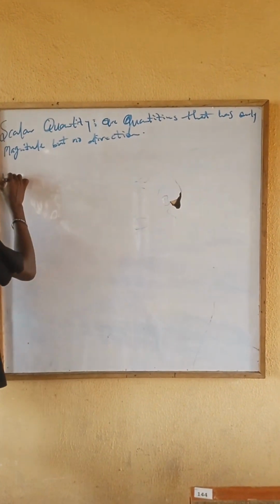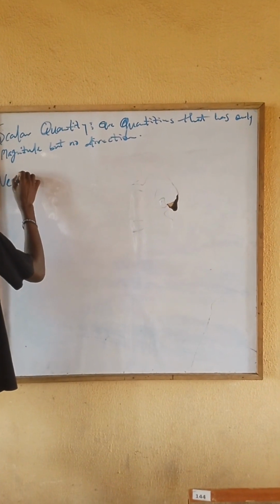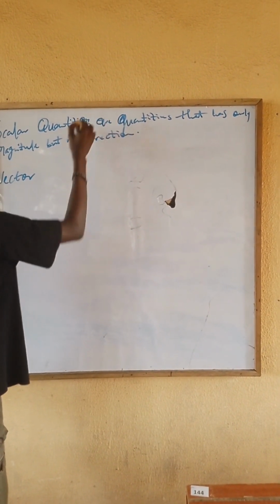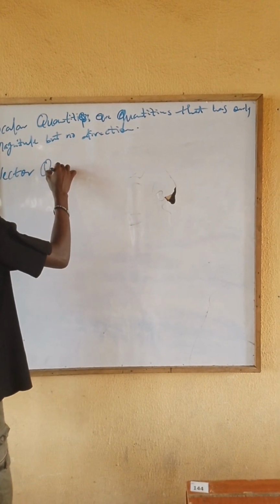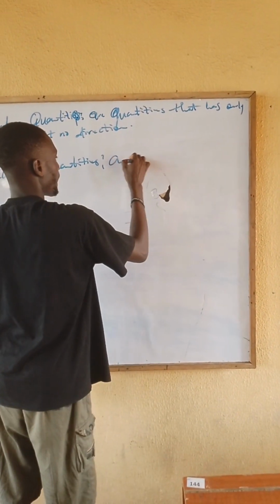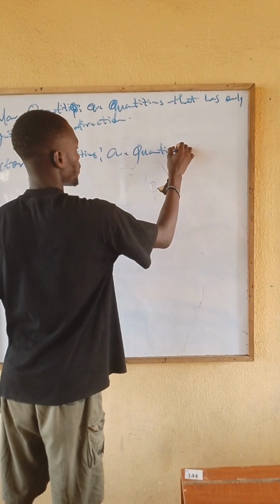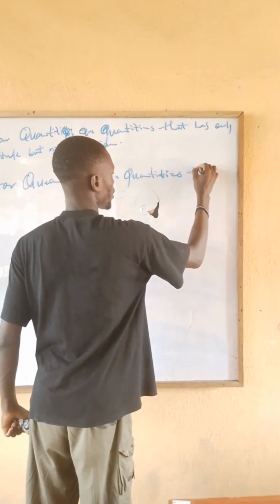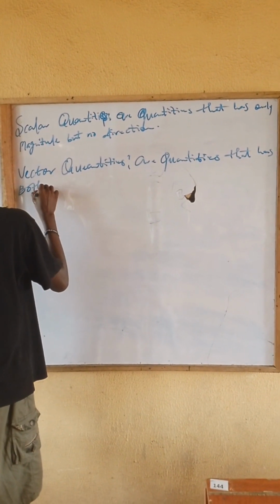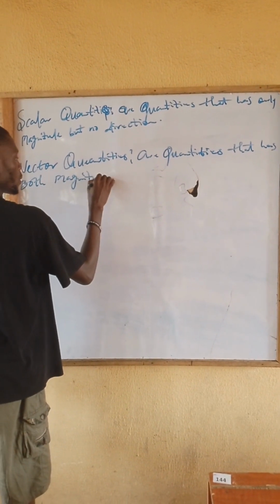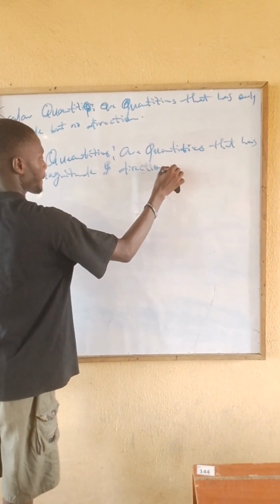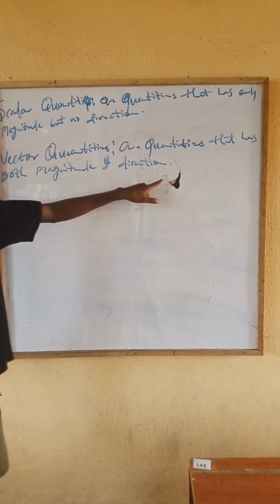So when we talk of vector quantities, vector quantities are quantities that have both magnitude and direction.